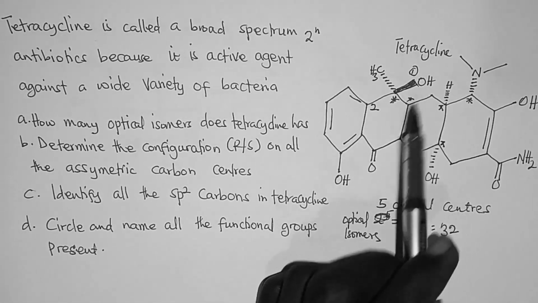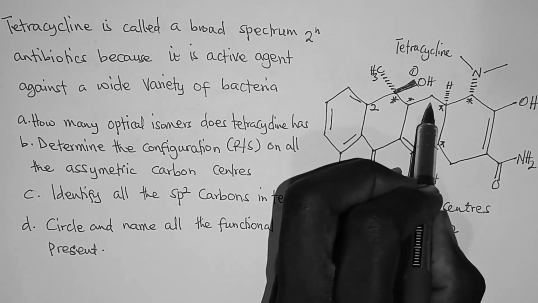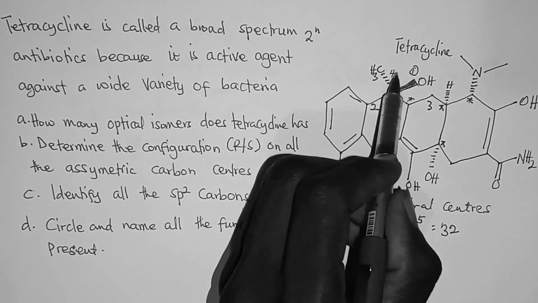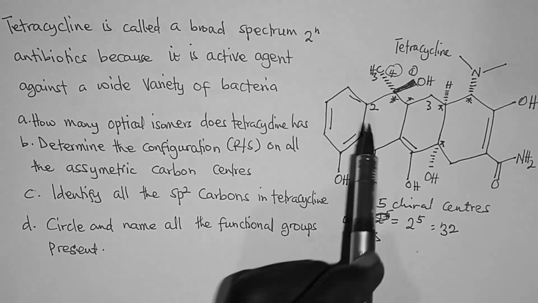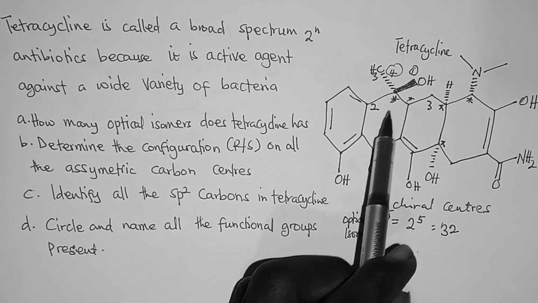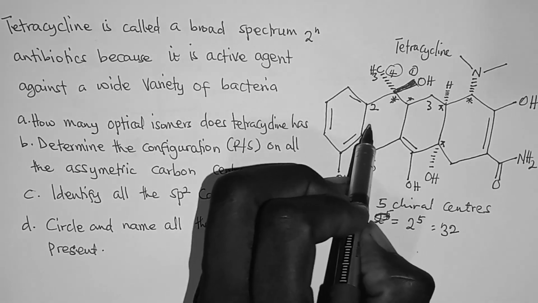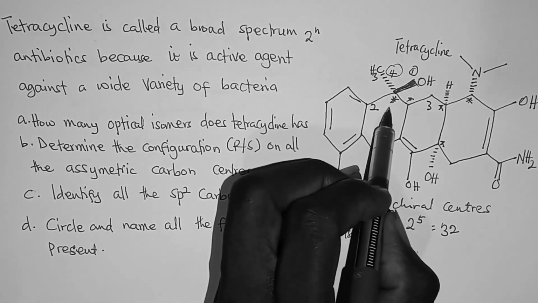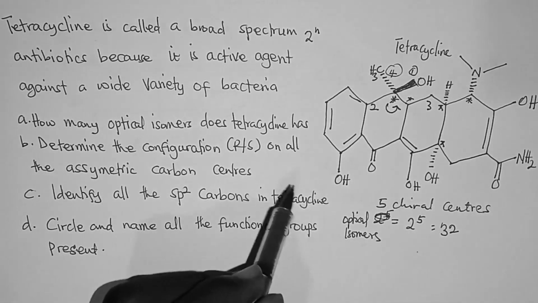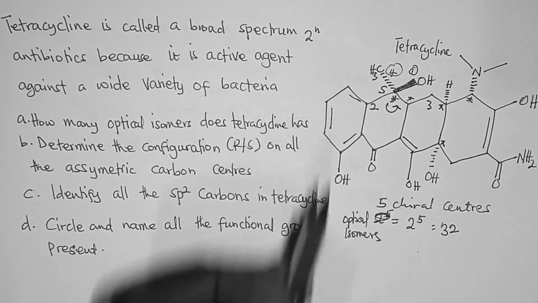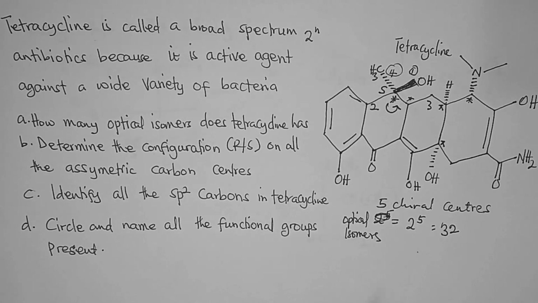And then this side is number 3, and then this is number 4. So you can see that the least group is pointing away from us, and it is going in the anti-clockwise direction, and therefore this carbon center is an S configuration.